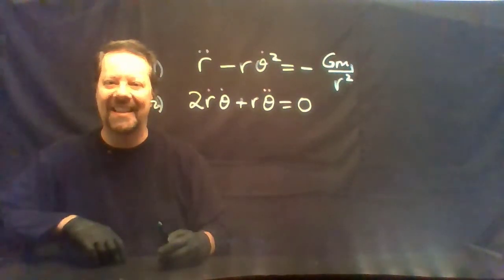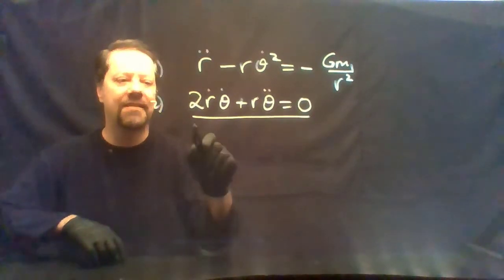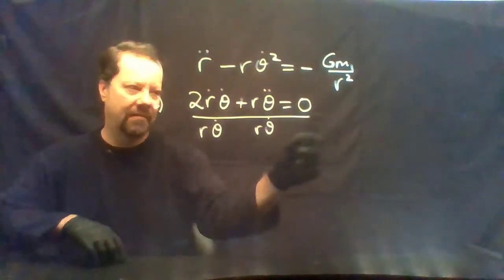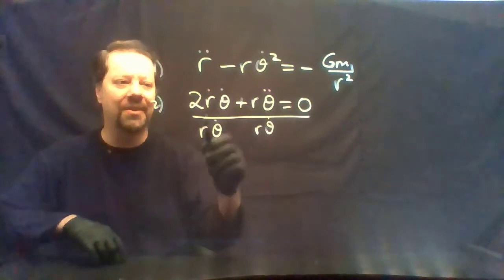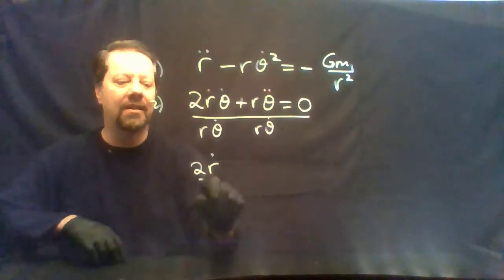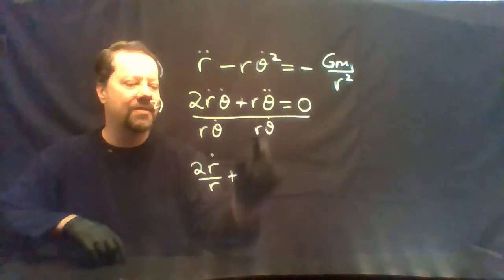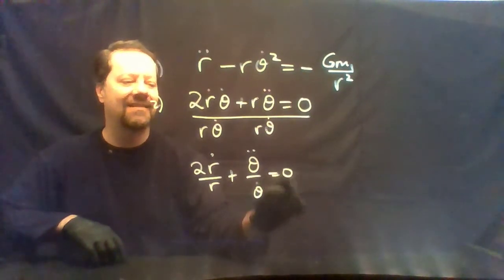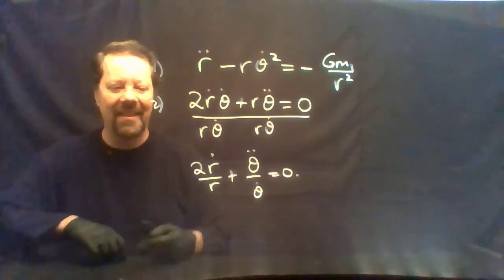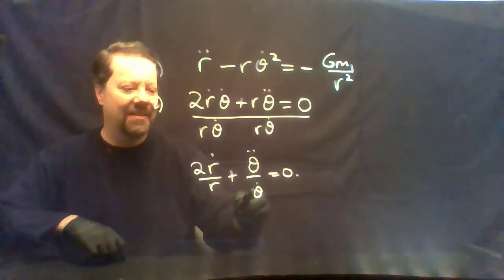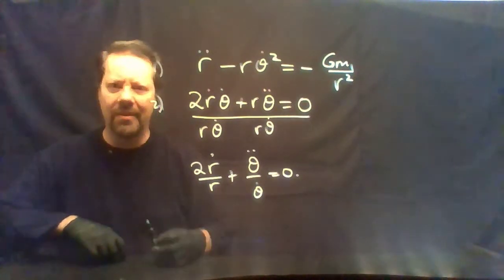Let's play with the second equation for a little while. Let's divide everything in sight by r theta dot. The right-hand side is 0, but that just gives you 0. On the left-hand side, you'll get 2 r dot over r plus theta dot dot over theta dot equals 0. Thinking about these two terms, isn't this the derivative of something?